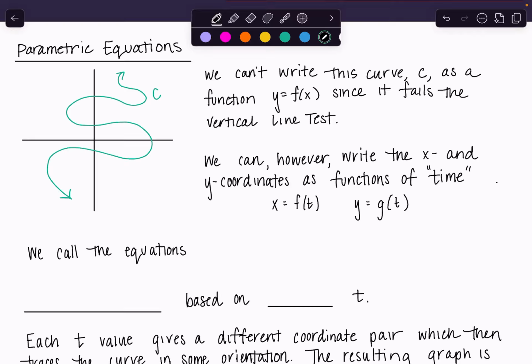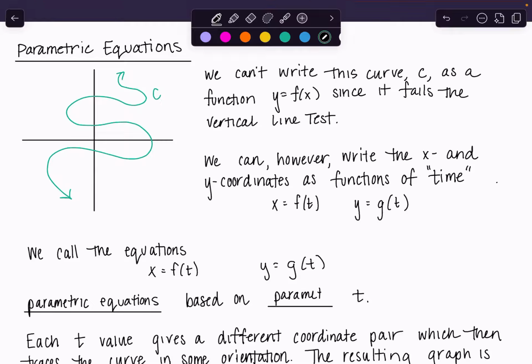So these specific equations, x being a function of t and y being a function of t, a lot of times I keep wanting to write y of t because that's the way we write it when we get to the calculus sequence. But this set is called parametric equations, based on the parameter t.